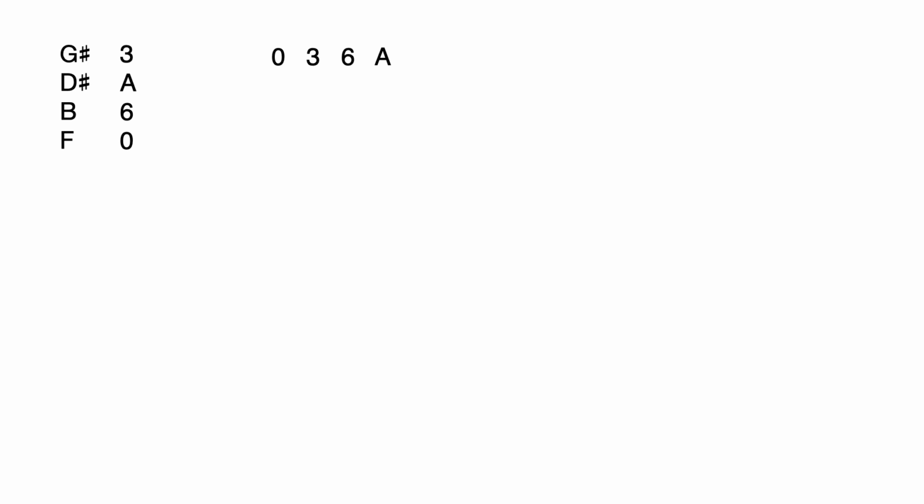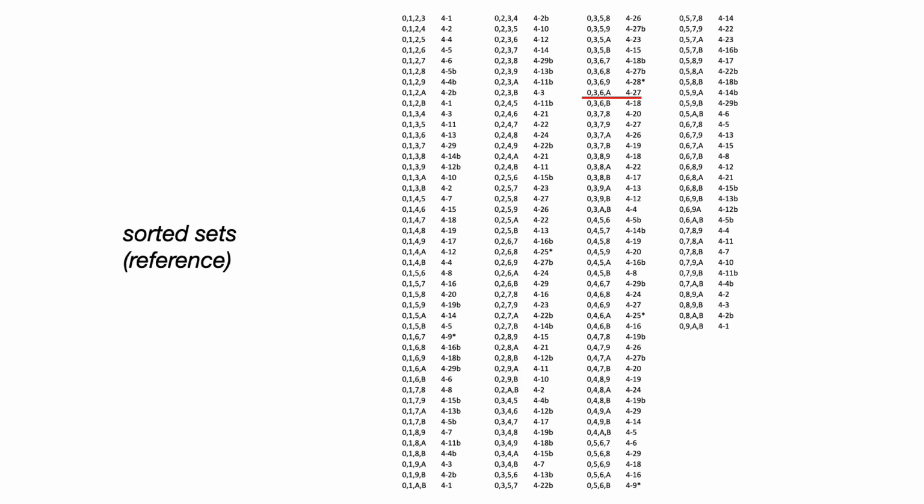I've included this sorted sets reference handout, and this is the order of all the sets. All you have to do is reference this one page, and you will know exactly what set it is. So 036A turns out to be set 4-27.